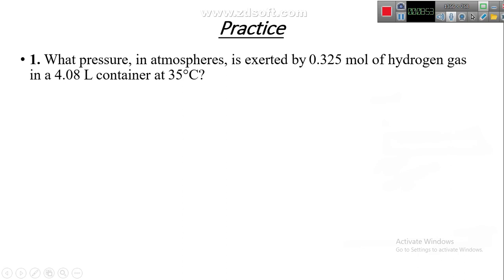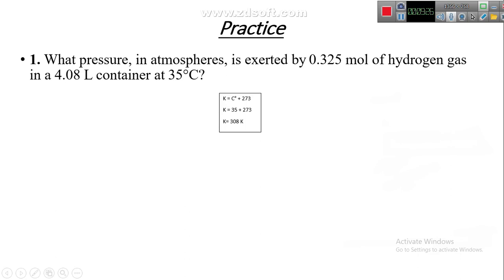Pay attention to this point, dear students. If in any question the temperature is given in Celsius, you must convert it to Kelvin. How do we convert Celsius to Kelvin? By using the following relation: Kelvin temperature equals Celsius degrees plus 273.